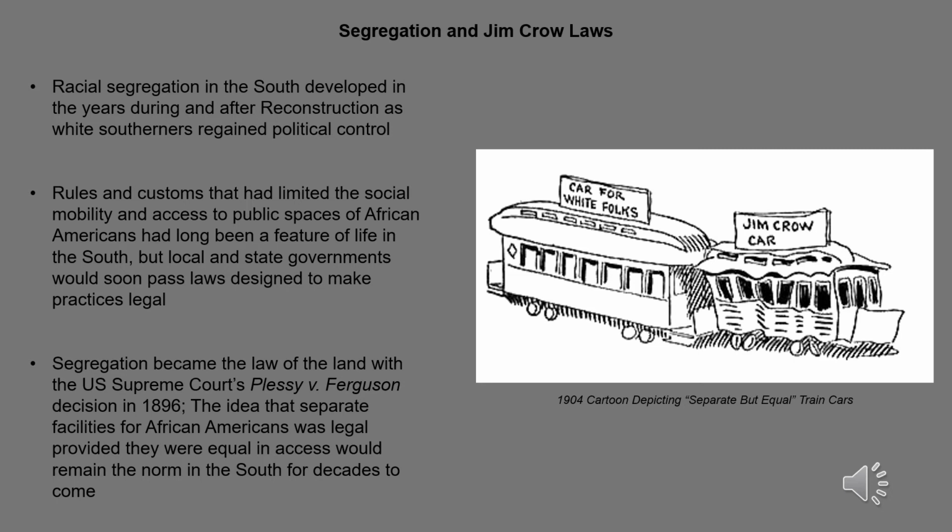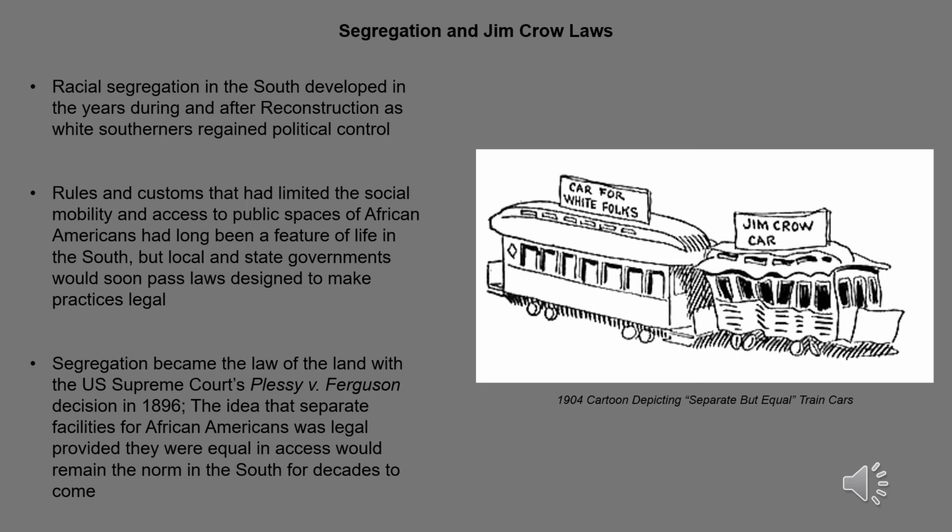And in the decision of Plessy versus Ferguson, the Supreme Court says that separate but equal is okay. That two groups, whites and blacks in the South, anywhere really, can have separate things as long as they are of equal standing. There can be a white section and a black section of something as long as it's equal.